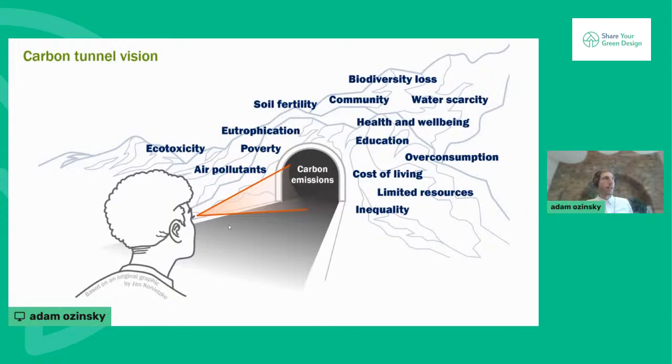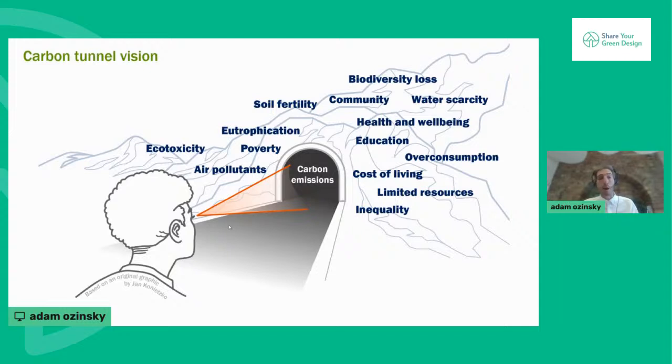I will also say that we are focused heavily on carbon. We talk about carbon tunnel vision a lot, which is this laser-like obsession with carbon. But we shouldn't lose sight of the myriad other aspects to a healthy set of Earth systems.